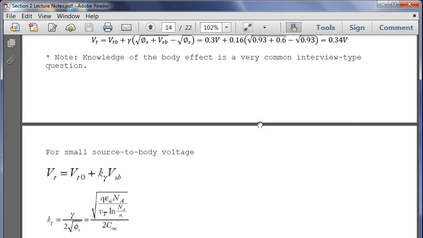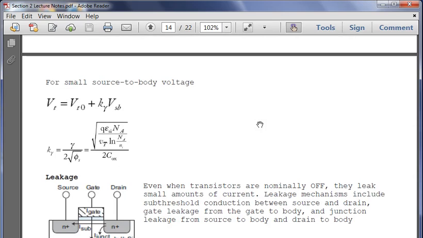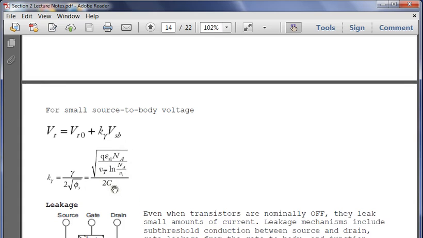So for source to body voltage, particularly if it's small, we're going to worry about a slightly different version of this coefficient, where we have our body bias coefficient, and it's divided by 2 times the square root, and now we have our thermal voltage and our natural log, and then we multiply that by 2 COX and solve it out.